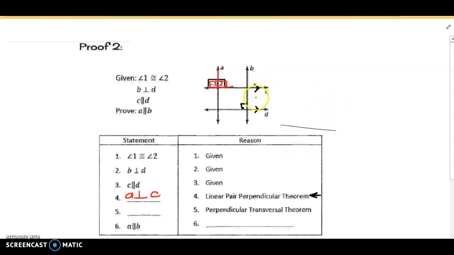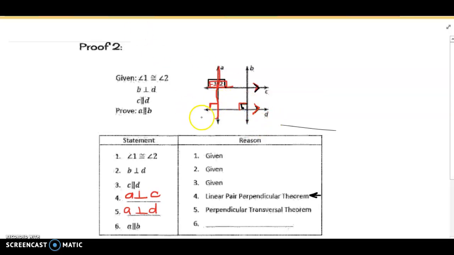Now if I know that C and D are parallel and A is perpendicular to C, doesn't that mean that A has to be perpendicular to D as well? Because of the perpendicular transversal theorem. And then if I know there's a right angle here, I just said these are perpendicular, so that's a right angle.